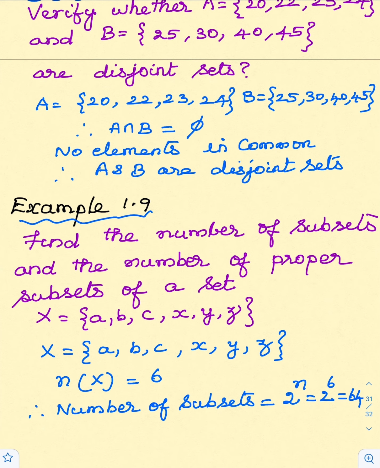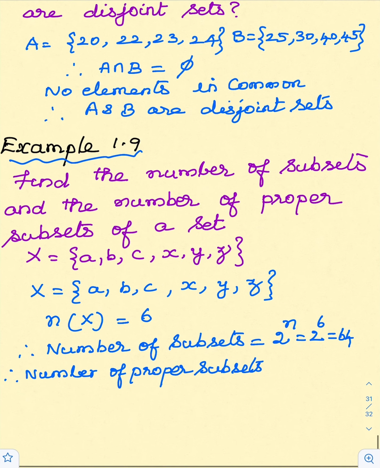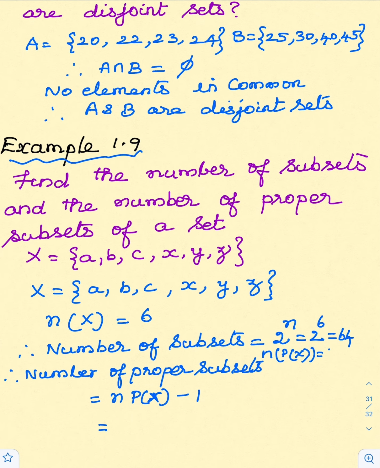Now, they have asked you to find the number of proper subsets, which is equal to n of P of X minus 1. What is n of P of X? It is 64. So, it is 64 minus 1. So, it is equal to 63.